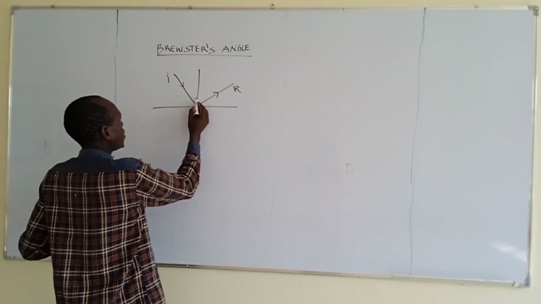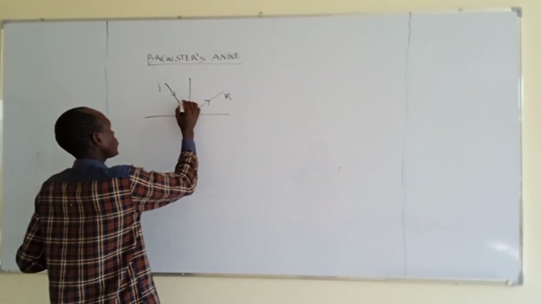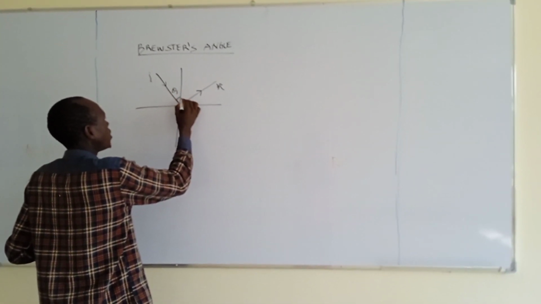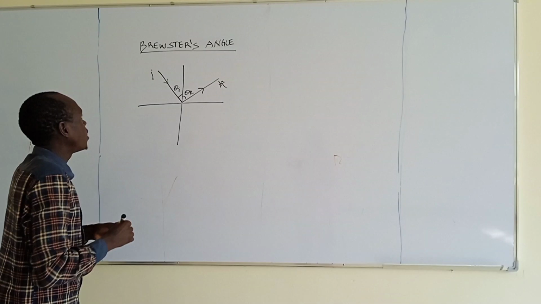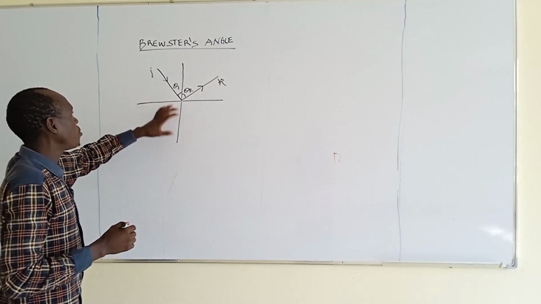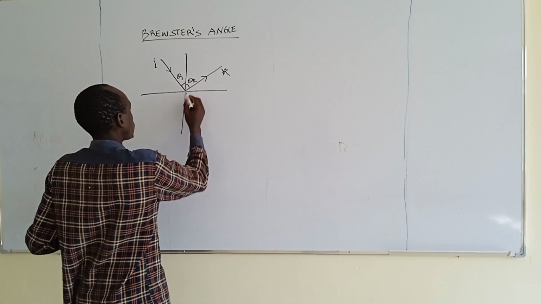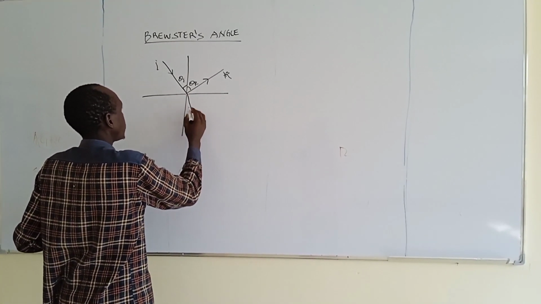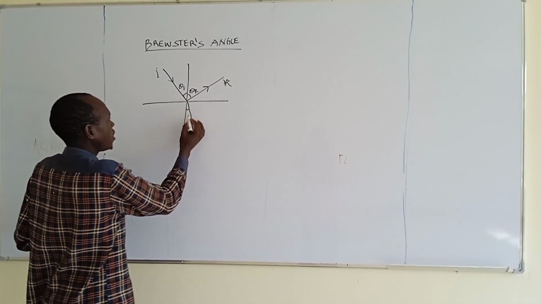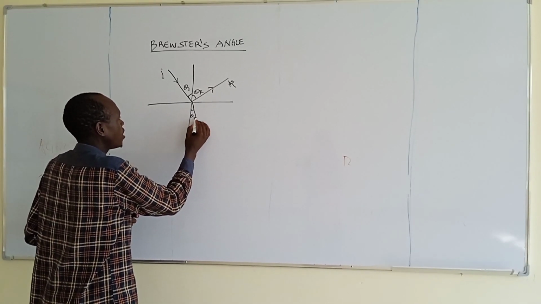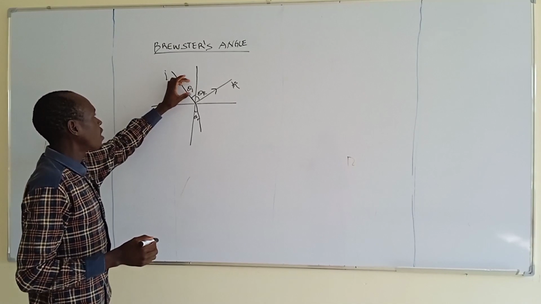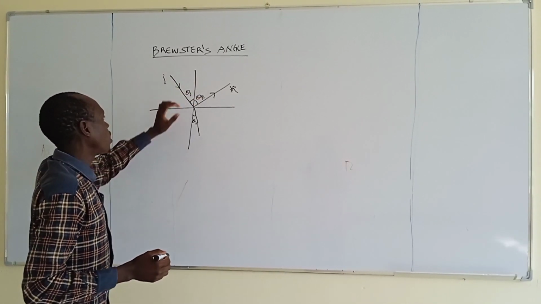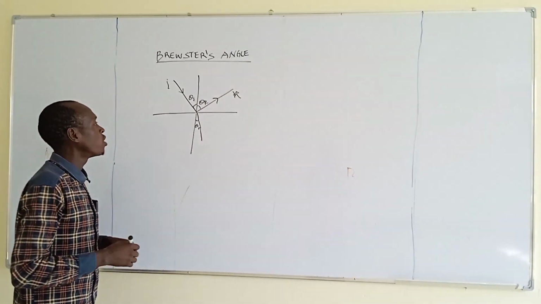So this is the incident angle, theta i, and this is the reflected angle, theta r. And this same light can also be refracted by the plane, so it can be refracted this way, and we find here this is our refracted angle theta. So we have our incident angle, reflected angle, and refracted angle.